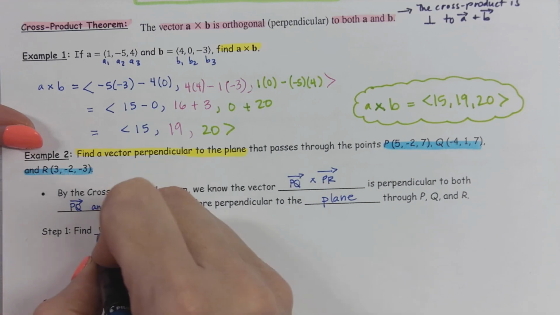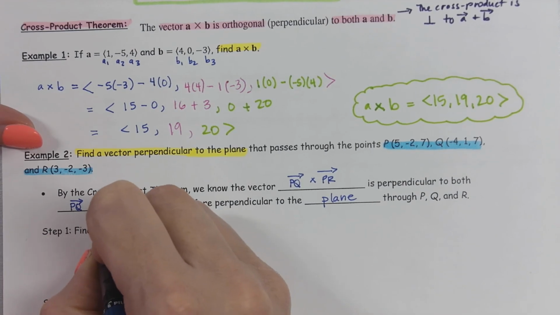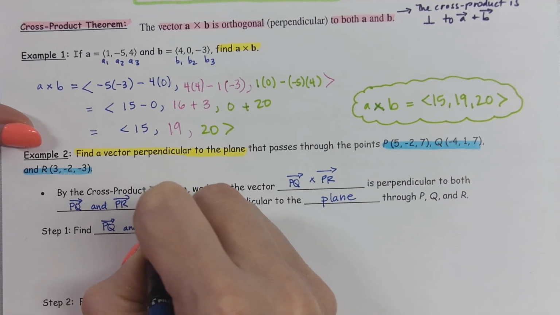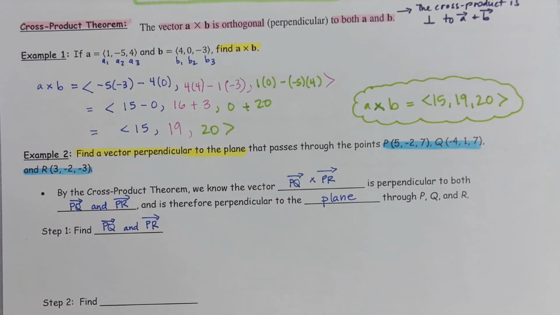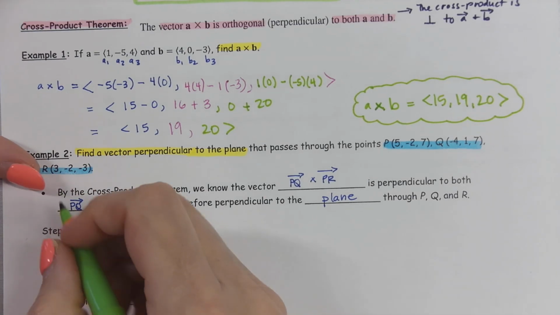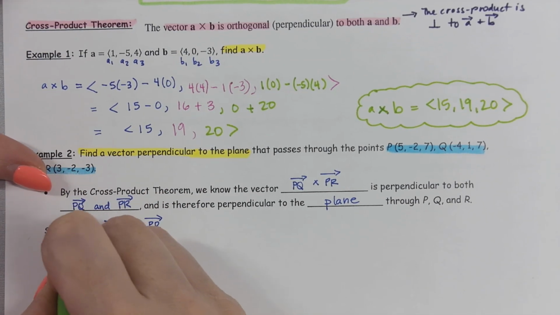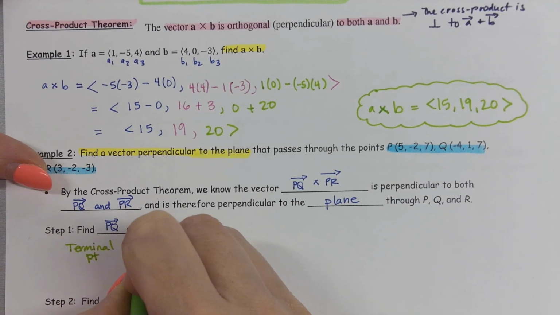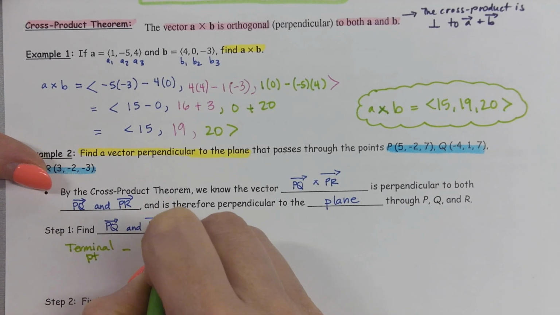Alright, so the first thing we're going to do is find the vectors PQ and PR. We can do that by taking the initial point and the terminal point and subtracting. So it's the terminal point minus the initial point.